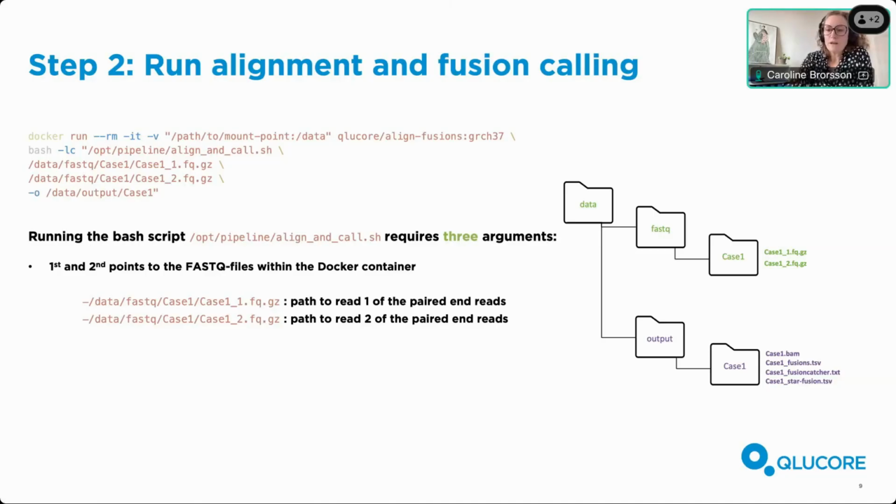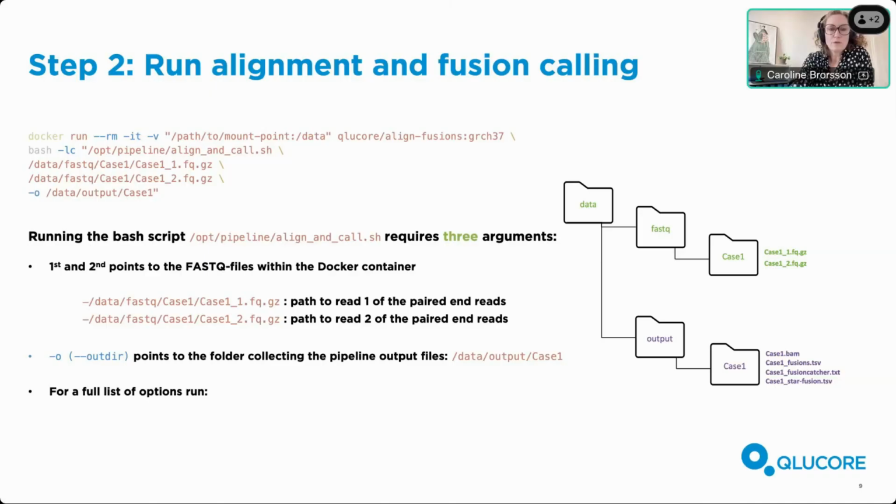And then we need an output directory, which points to the folder that collects all the output from the pipeline. So it's located under data, creates output, and then one folder for each sample or case.